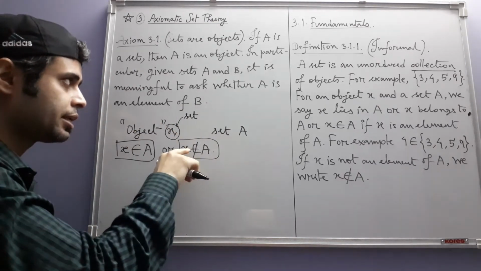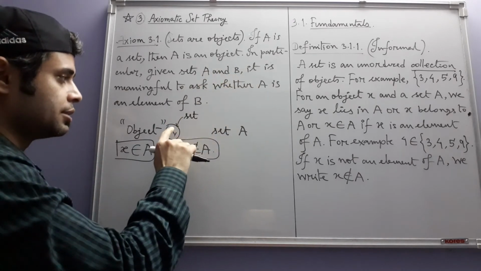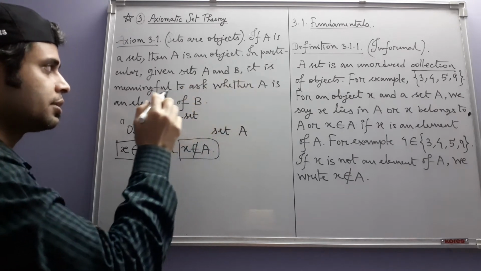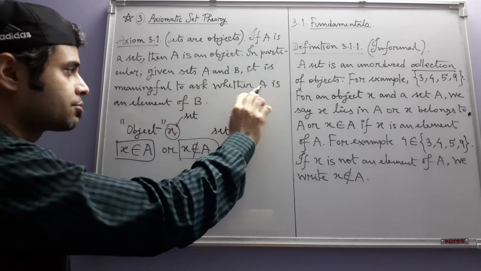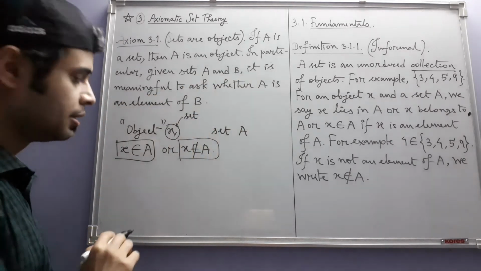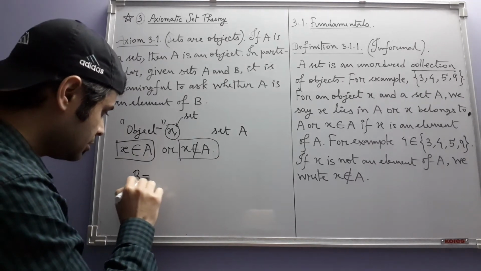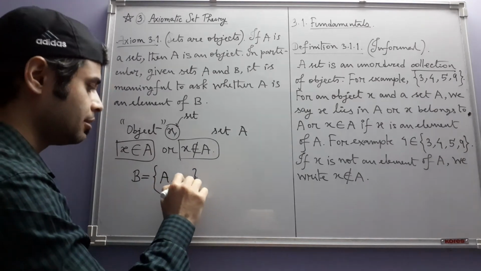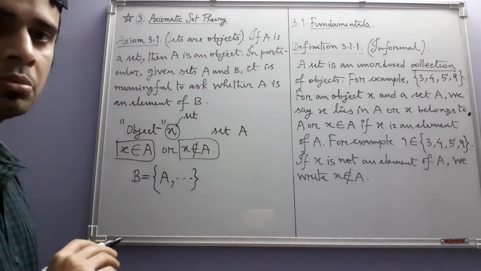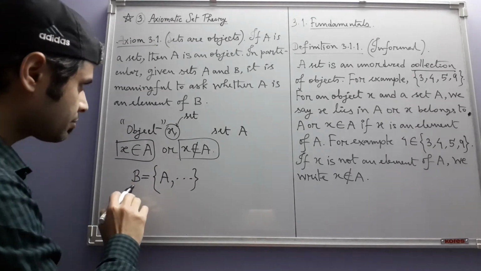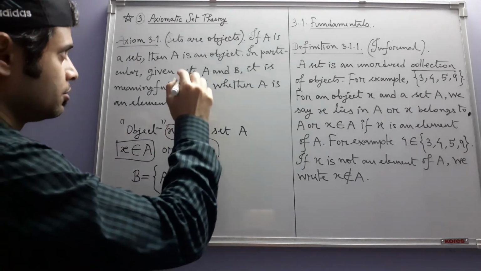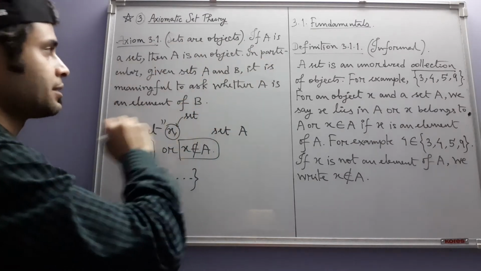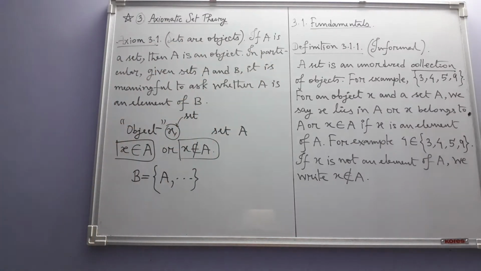In particular, if I am given two sets, say A and B, then it is meaningful to ask whether A is an element of B. That is, whether B has A as an element and something else also, or A may not be an element of B. Okay, so the assumption that sets themselves are objects is the first axiom. That's what this axiom means.